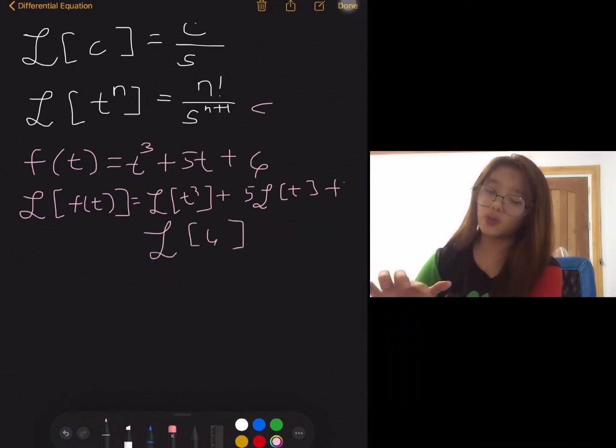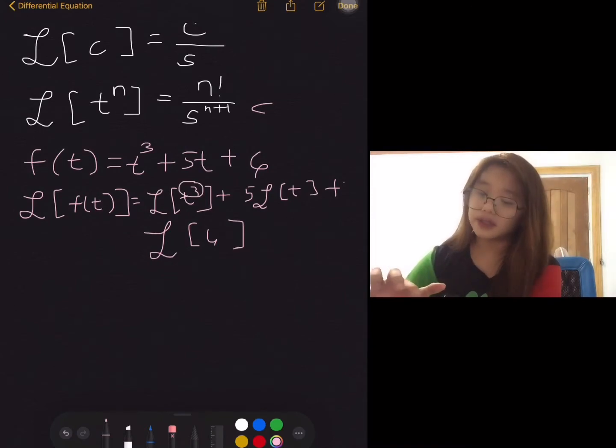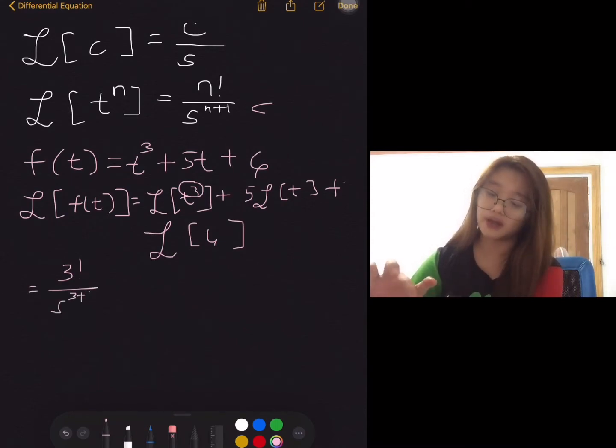So for the first term, we have our n, 3. Now, let's just substitute it. 3 factorial over s raised to 3 plus 1. Then we have 5 times, let's write the 5 and a parenthesis for the factorial.